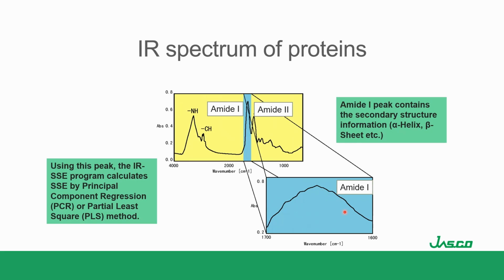Actually, in this peak is contained all the information of the secondary structure, especially alpha helixes, beta sheet, beta turn, and others. The algorithms that are used for the estimation of the secondary structure are principal component regression, which I'm going to mention as PCR, and partial least squares, that is the PLS method.